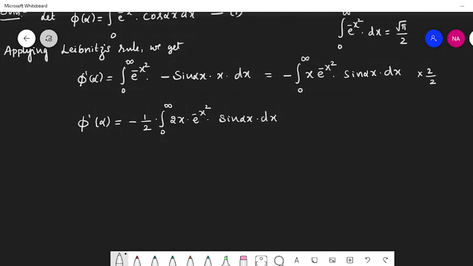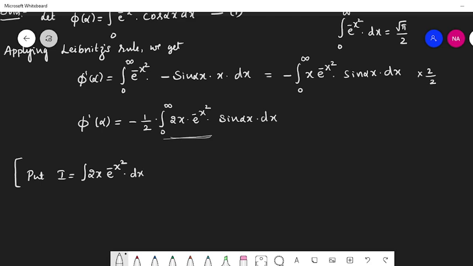Before proceeding, I will first consider this integral. Put I equal to integral 2x e power minus x square dx. So only this much I am considering right now.